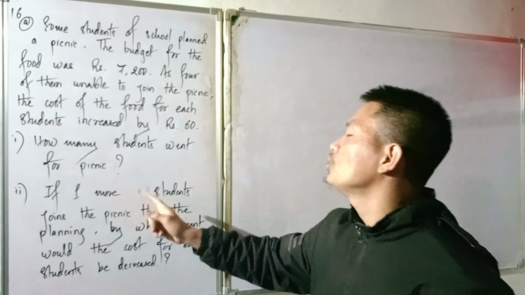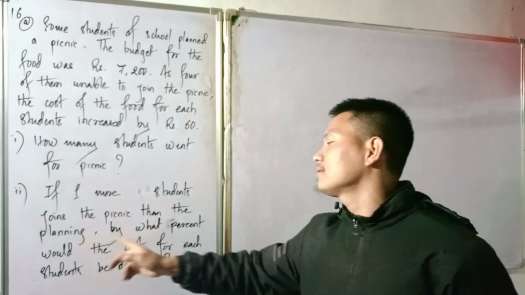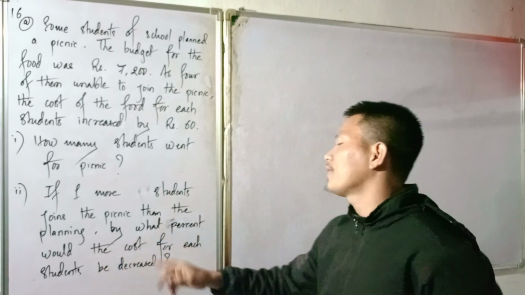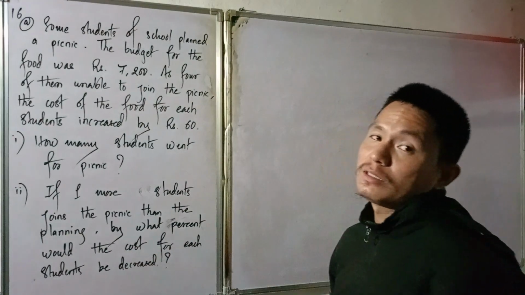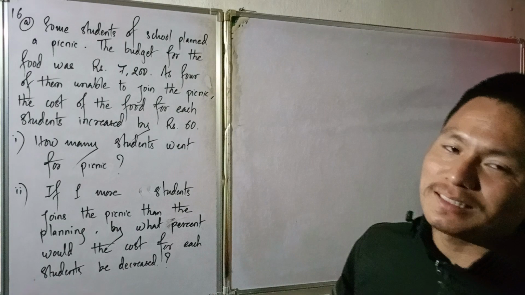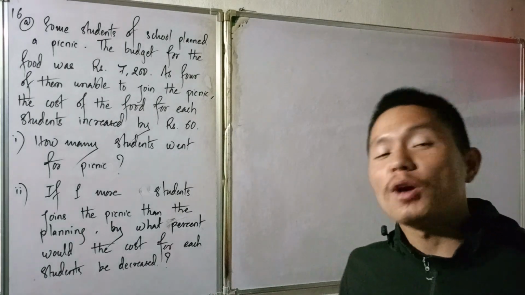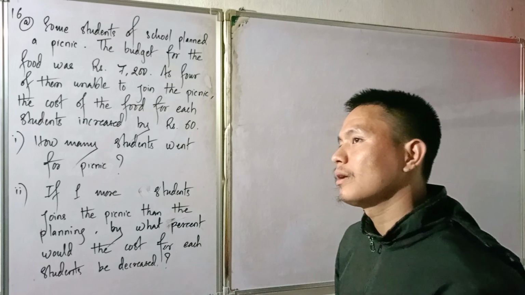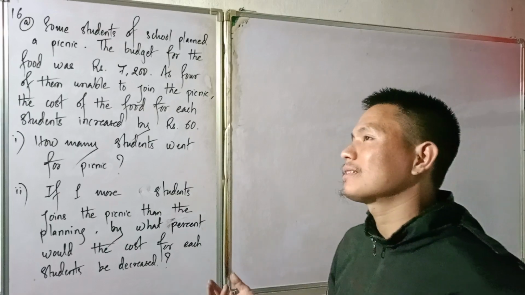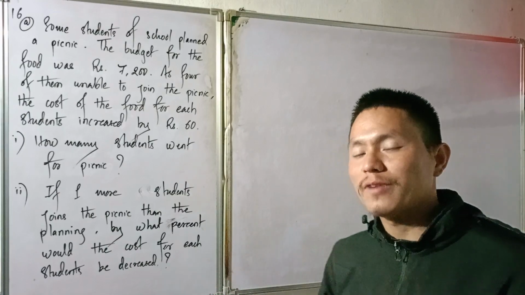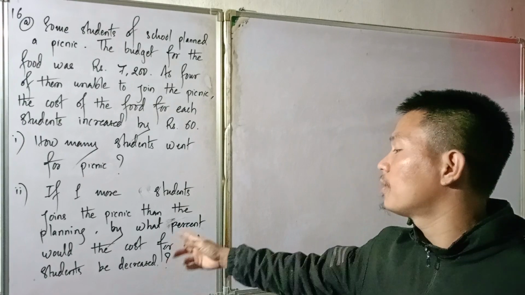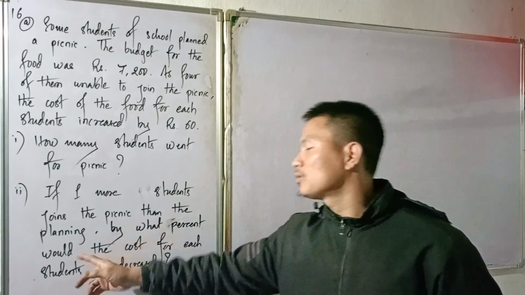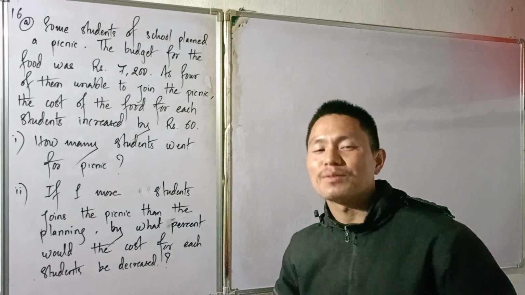So if one more student joins the picnic, by what percent would the cost of each student be decreased? If one student joins, then the cost will obviously decrease. How much is not asked as a numerical value, but it is asked in percentage. By what percentage would the cost for each student be decreased?